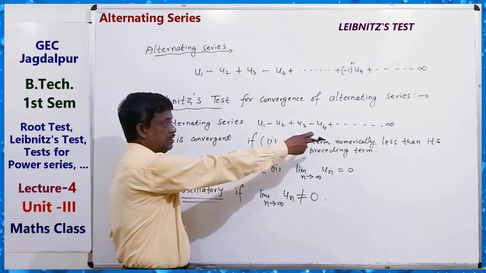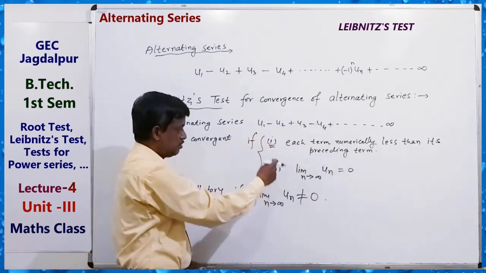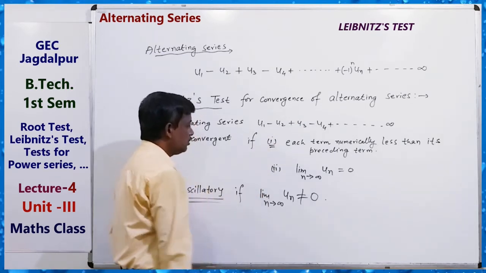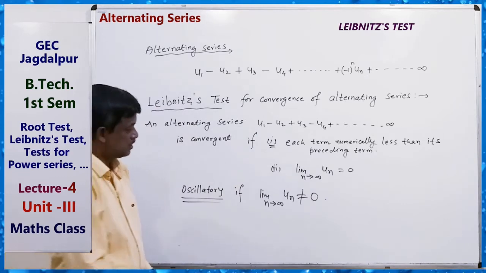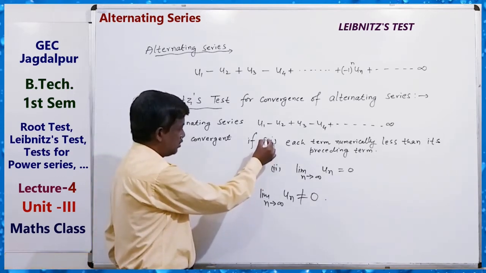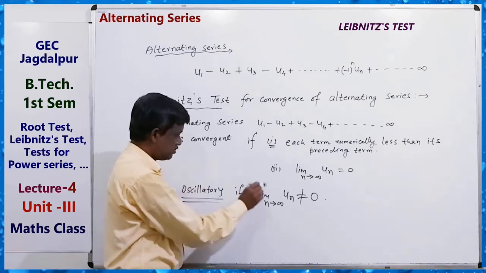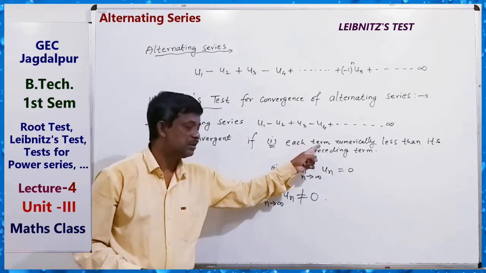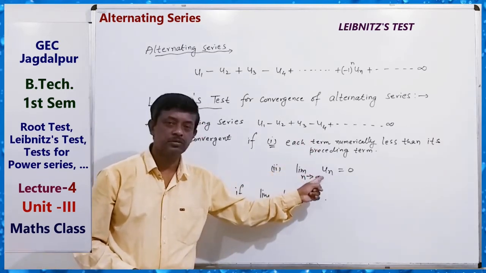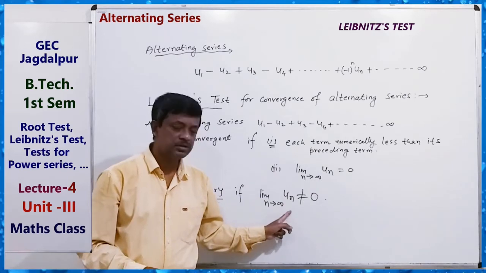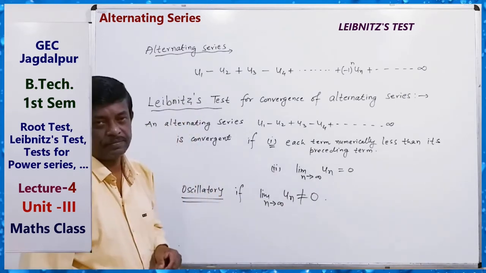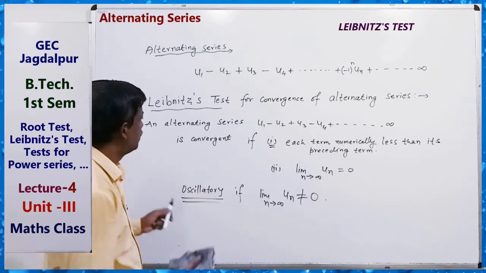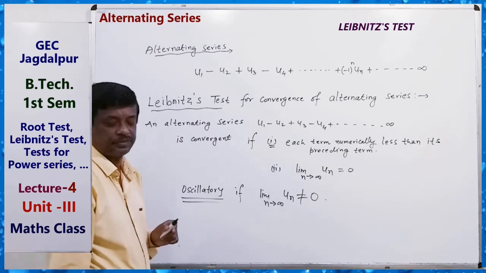So this is the Leibniz test: numerically less than the preceding term and tending to 0, convergent. If not tending to 0, sorry, not divergent, oscillatory.